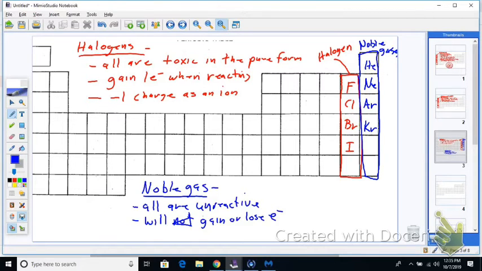The halogens, when we write those up there, fluorine, chlorine, bromine, and iodine, they're a -1 charge. So that group's a -1. Okay, and then we can say that they're very stable elements.